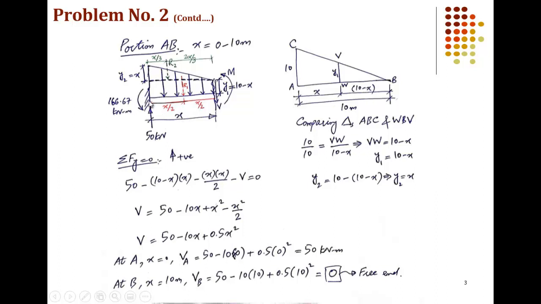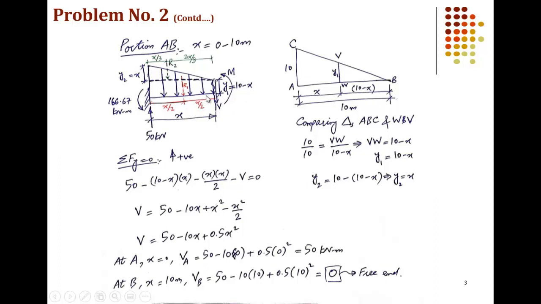These are the reactions that we have already determined. The distance of the section from point A is equal to x, and that's variable. I haven't marked A here, but this point is point A. And the exposed forces are shear force V acting in the downward direction and moment M acting in counterclockwise direction.